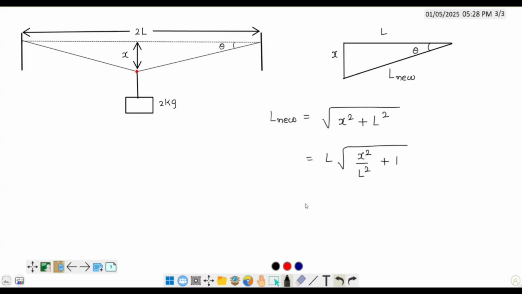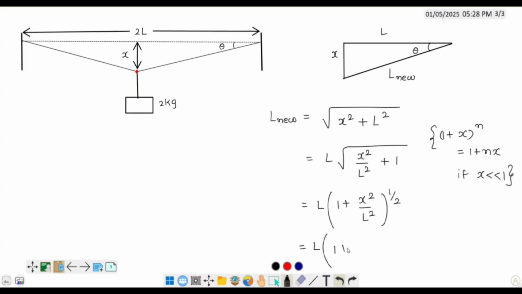We know in binomial expression, we can write this as L into 1 plus x square by L square whole power 1 by 2. In binomial expression, 1 plus x whole power n is equal to 1 plus nx, if x is lesser than 1. Using the same logic, I can write this as L into 1 plus 1 by 2 x square by L square.